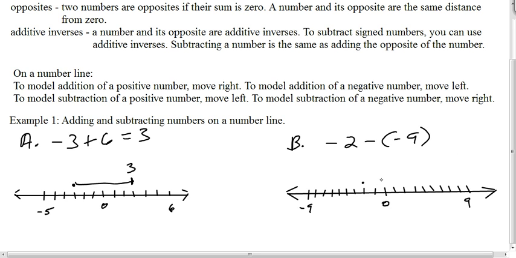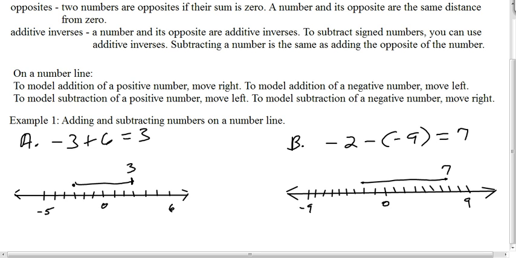So you move back to the right 9 places: 1, 2, 3, 4, 5, 6, 7, 8, and 9. You started here, and you wind up at a positive 7. So a negative 2 minus a negative 9 is a positive 7.